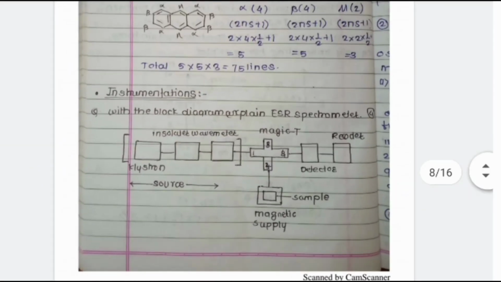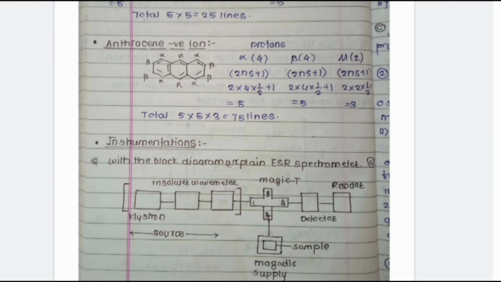So in principle we have seen that we require microwave radiation. Next, how the microwave radiation and external magnetic field interact with the sample. Due to the magnetic field, the electron gets split into two energy levels, and once that splitting has occurred, our nucleus interacts with that electron in the various energy states, and we get the spectral lines.